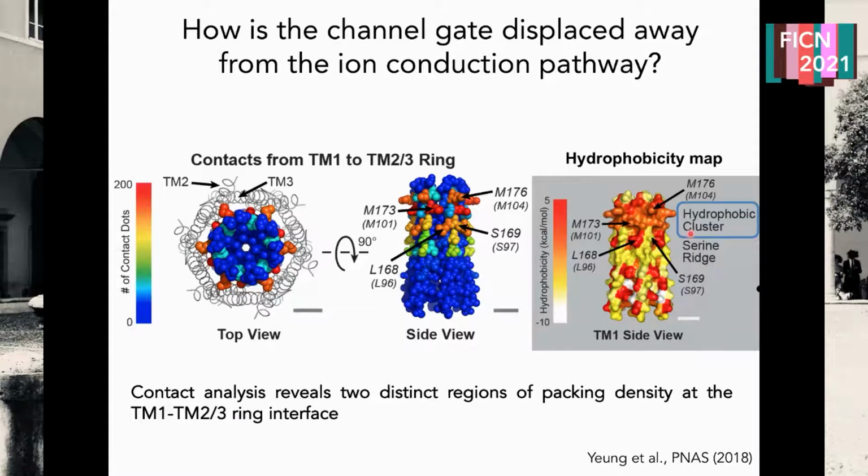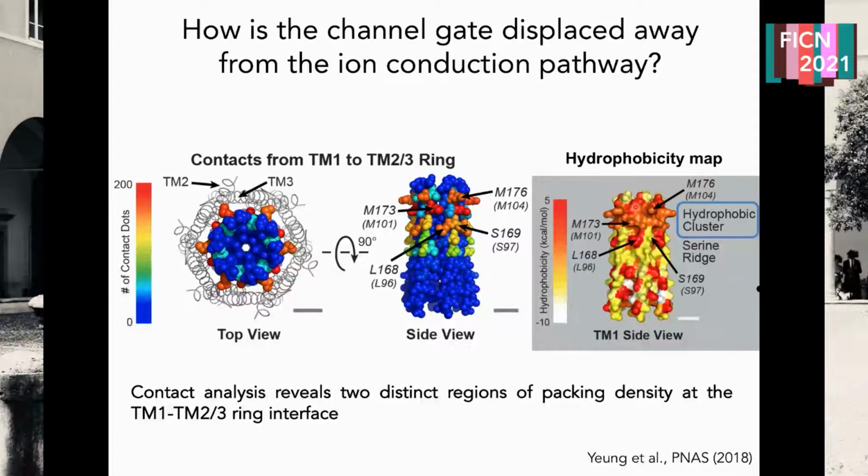And one of these domains that jumped out was this cluster of hydrophobic residues that were located in the very top of the TM1 helix towards the extracellular side of the channel, that were reaching out and making contacts with the neighboring layer of helices that surrounded the pore helix. So they were reaching out and making contact with these helices, and some of these were very interesting residues.